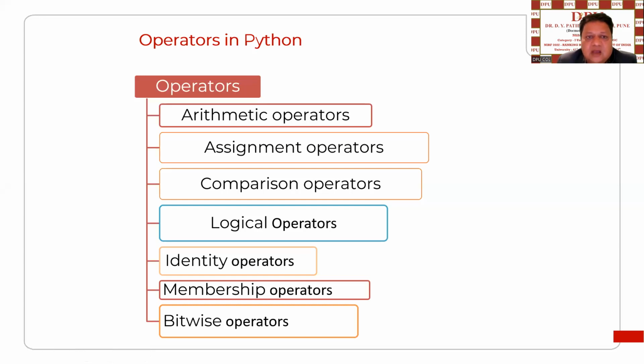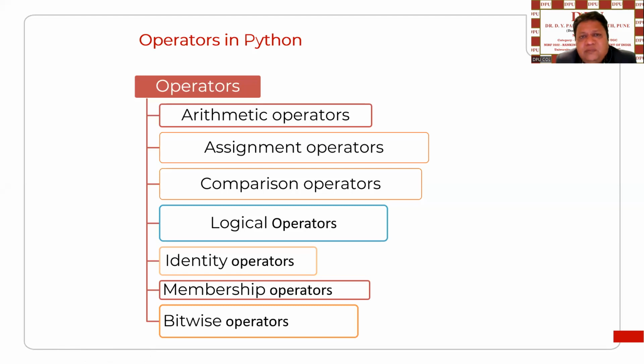So here I'm talking about the operators which are available in Python. Operators are used to operate on the operands. Take for example a binary operator. It operates on two operands, meaning it requires two numbers or two variables. Either way, you can use the binary operator plus.